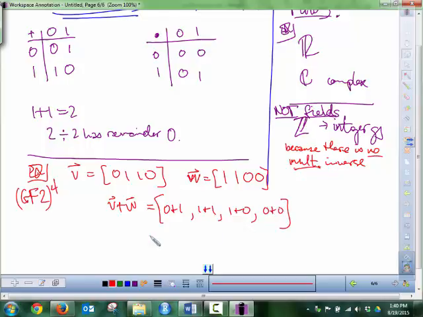And then all I have to do is look at my addition table to see what the results are. So this is just going to be a 1. 1 plus 1, that's the one that I struggled answering Madhav's question about. That should be a 0. And then 1 plus 0 is 1, and 0 plus 0 is 0. So that's what you get when you add these 2 vectors in GF2.